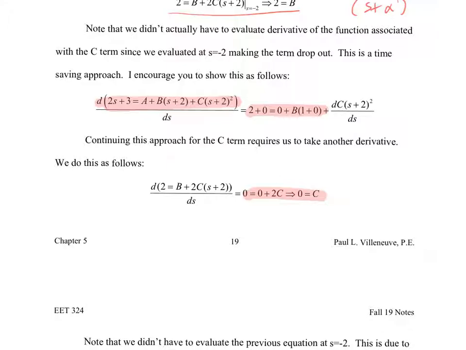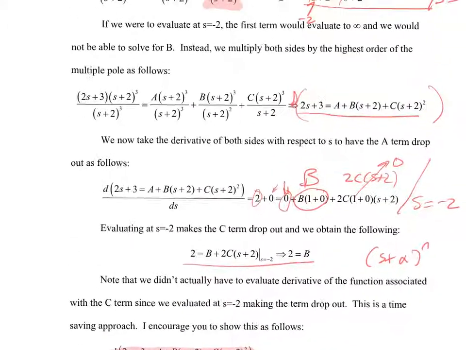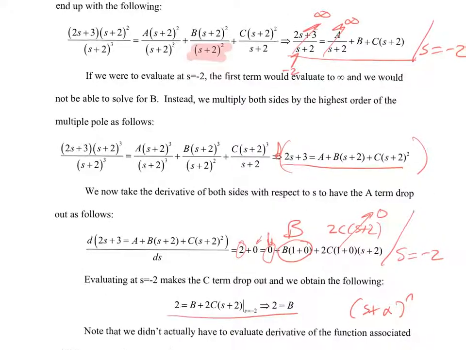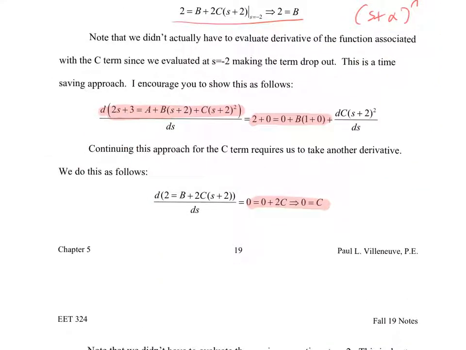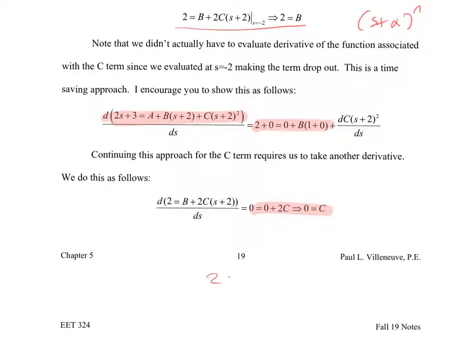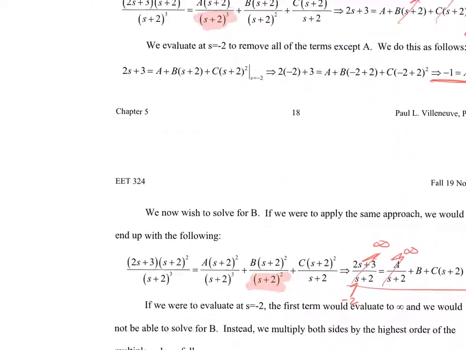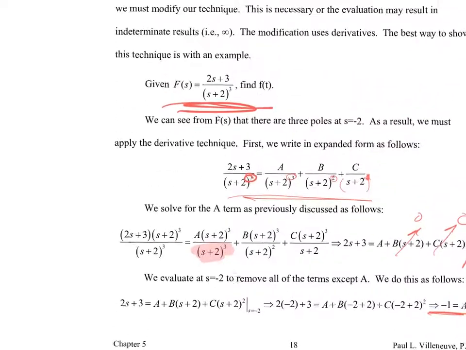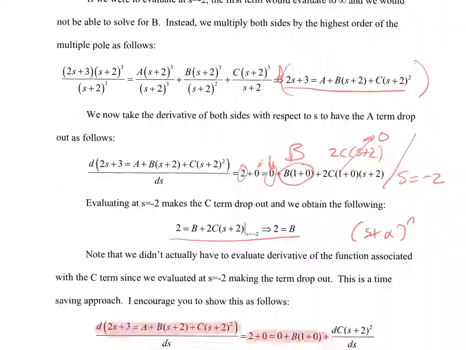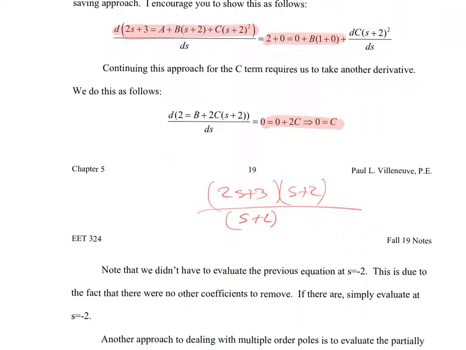So my partial fraction expansion for this problem, which is 2s plus 3 over s plus 2, oops, that's not right. Just 2s plus 3, I think. Yeah, 2s plus 3 over s plus 2 cubed. So let me get rid of this one, because that's not correct.